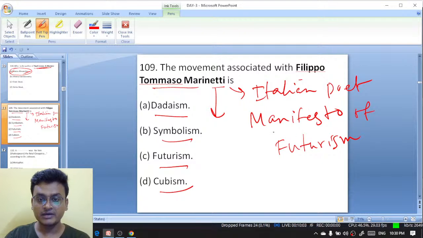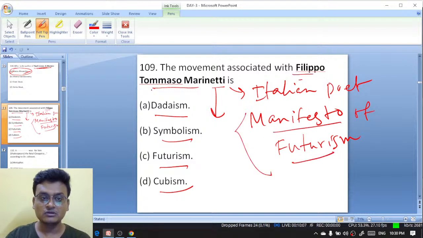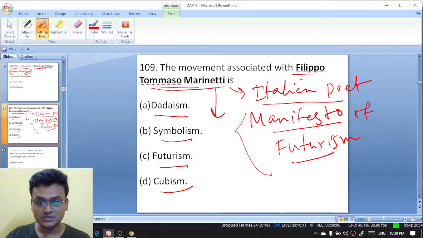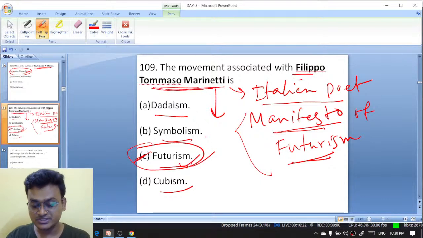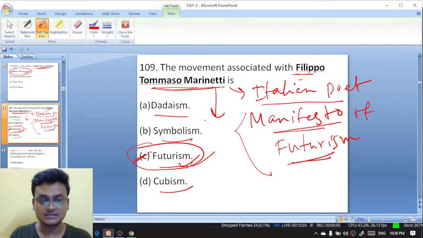So the movement associated with the Italian poet Filippo Tommaso Marinetti is futurism. So C is the right answer.